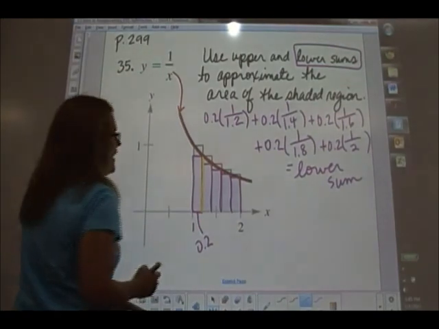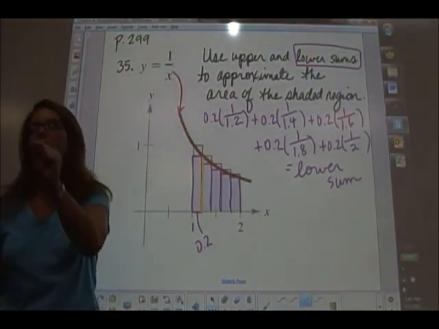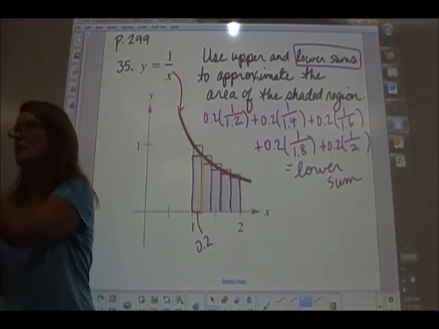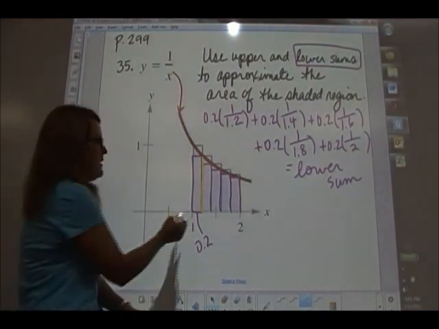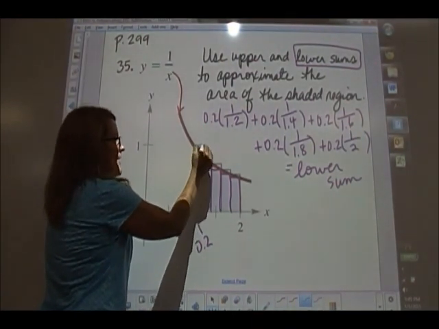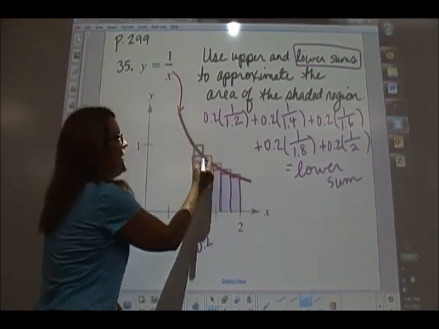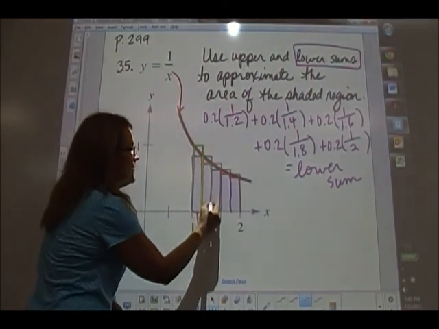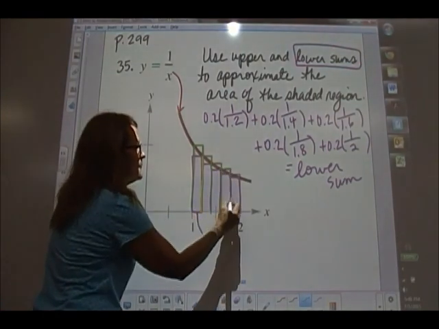The upper sum rectangles would still be rectangles where one corner has to hit the red curve. One corner of the rectangle has to hit it. So here might be the first rectangle. You see how one of the corners hits it right there? And then I've got all my corners of each green rectangle hitting that red curve.